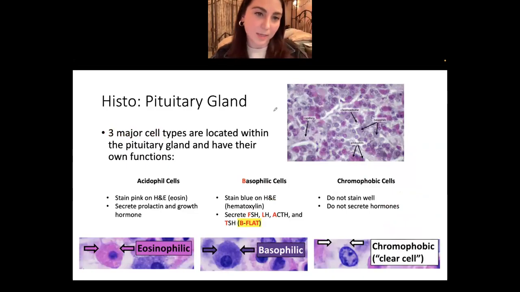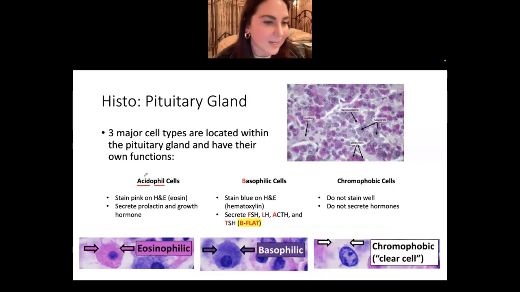Okay, so some histology. Histo is starting to get a little more frequent moving forward. There are three major cell types within the pituitary gland: acidophil cells, basophil cells, and chromophobe cells. When you see the term acidophile, remember, phil means likes.